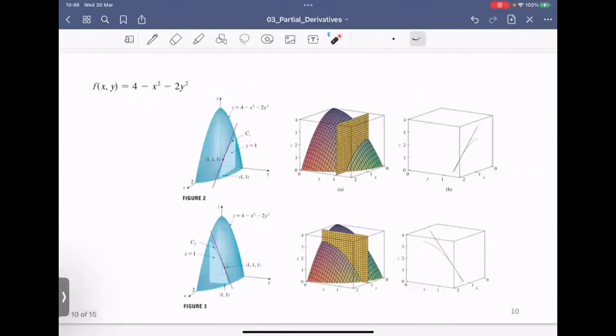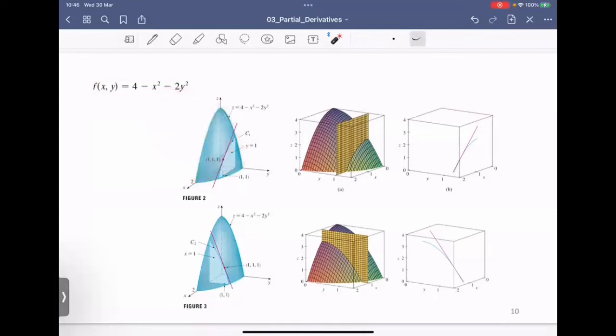So let's suppose that you have a function f(x,y) equal to 4 minus x squared minus 2y squared. If you use the computer to graph it, so let's suppose that we have a powerful computer or powerful software to compute it, you're going to get the graph like this. This is the surface of 4 minus x squared minus 2y squared.